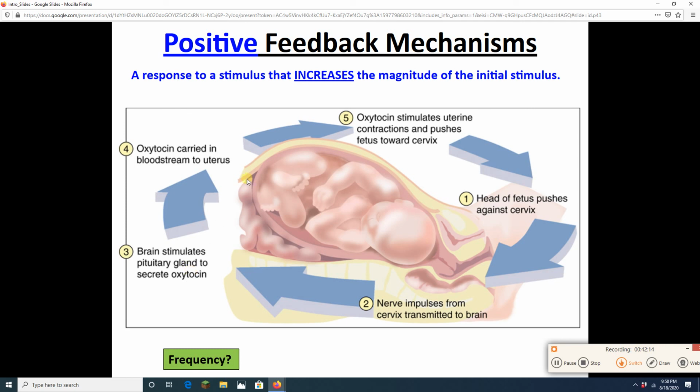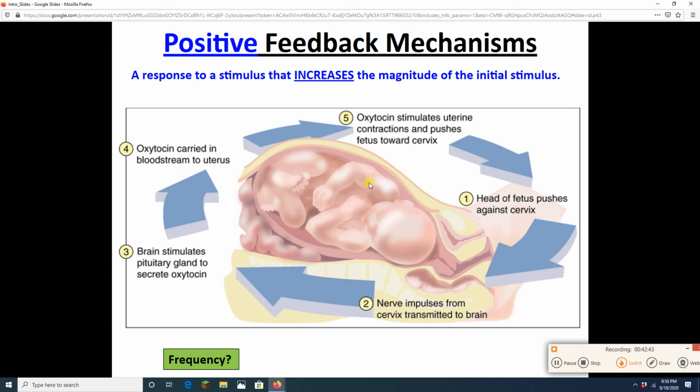Oxytocin makes the muscle in the uterus contract, squeezing the baby, pushing the head on the cervix, and the cervix stretches even more. So our initial stimulus was cervical stretch. The response, the uterine contraction, caused the cervix to stretch even more, which will then increase this cycle, and it'll be of greater and greater intensity until birth.